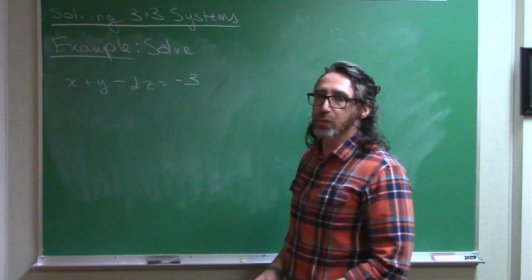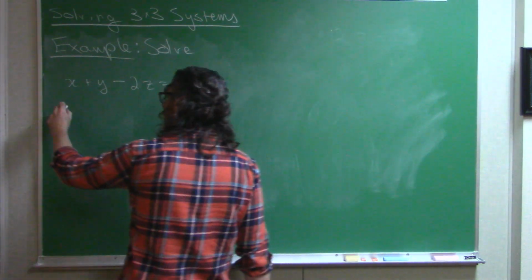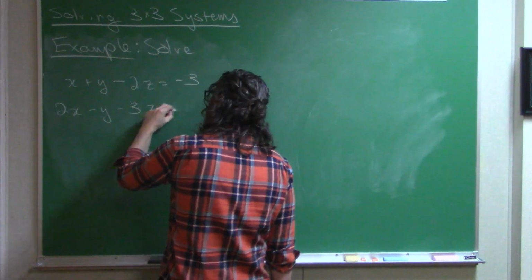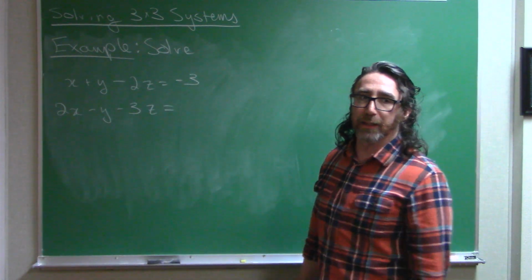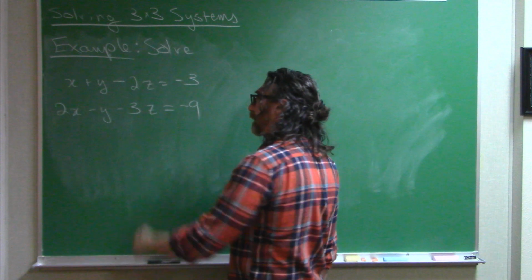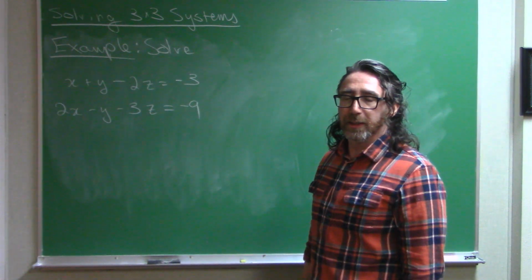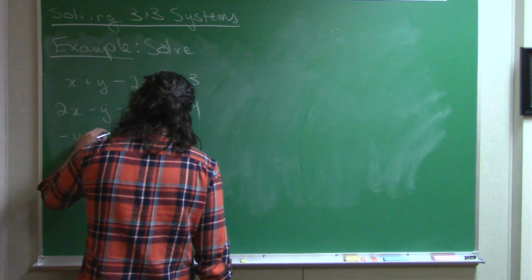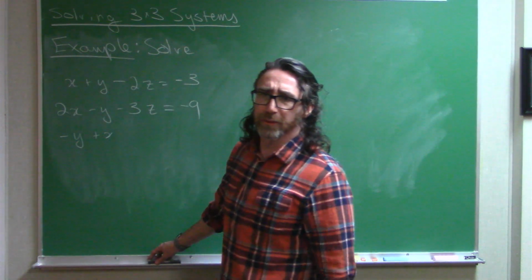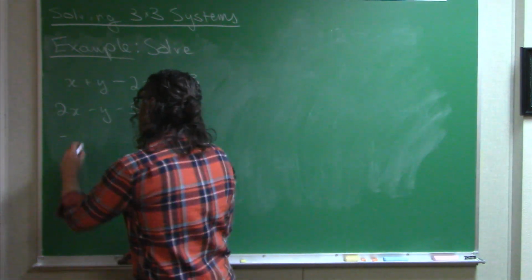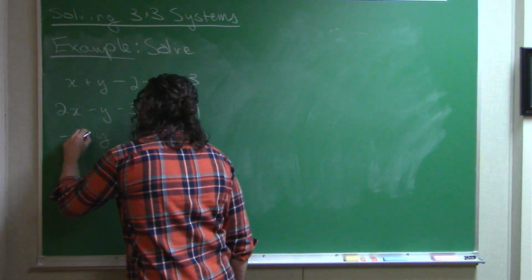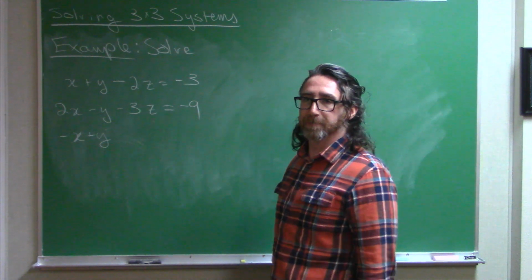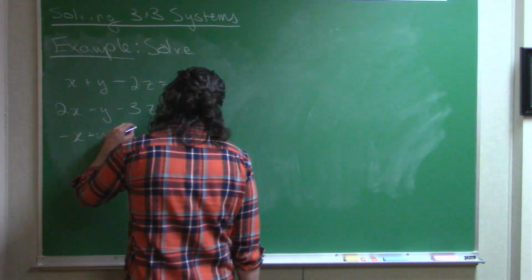Second equation, 2x minus y minus 3z equals negative 9. And lastly, negative x plus y plus 4z equals 13.